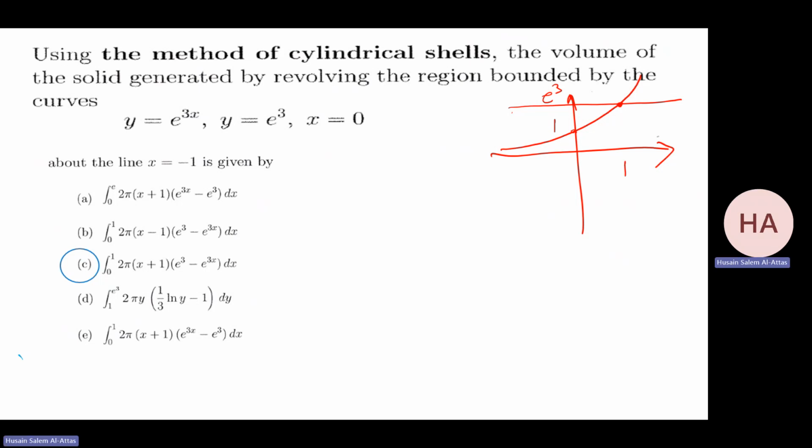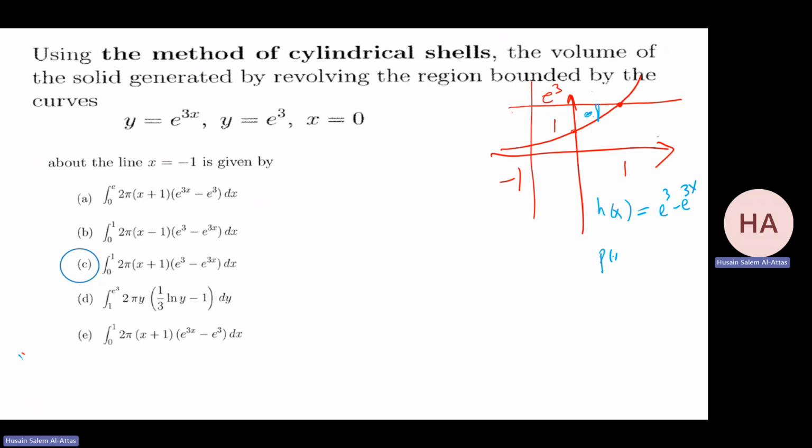Okay. And they want what? Revolve about the line x equals minus 1. So I need the things in terms of x. I have this region, x equals 0. So I'm talking about this region, and this line. h of x will be e cubed minus e^(3x).